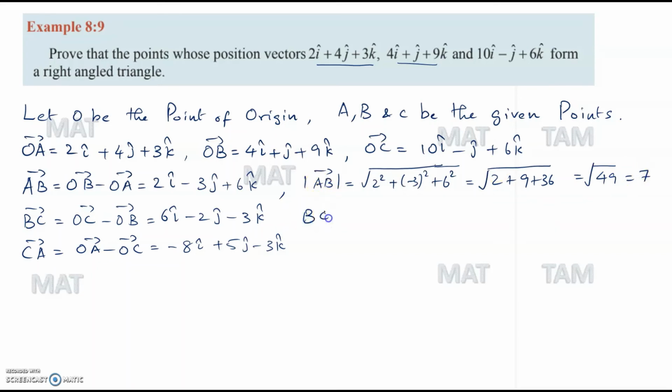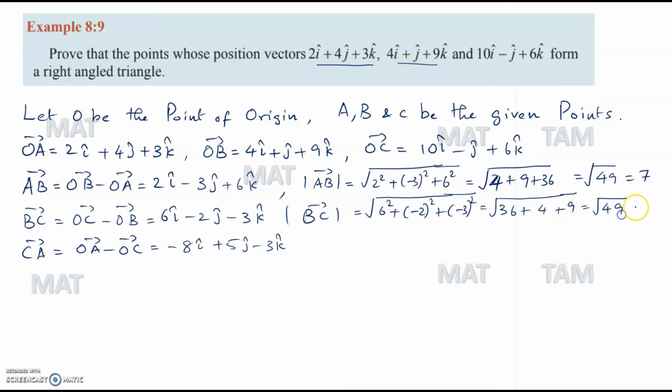Similarly, the magnitude of BC vector is equal to square root of 6 squared plus minus 2 squared plus minus 3 squared, which is equal to square root of 36 plus 4 plus 9. So it's square root of 49, which is equal to 7.